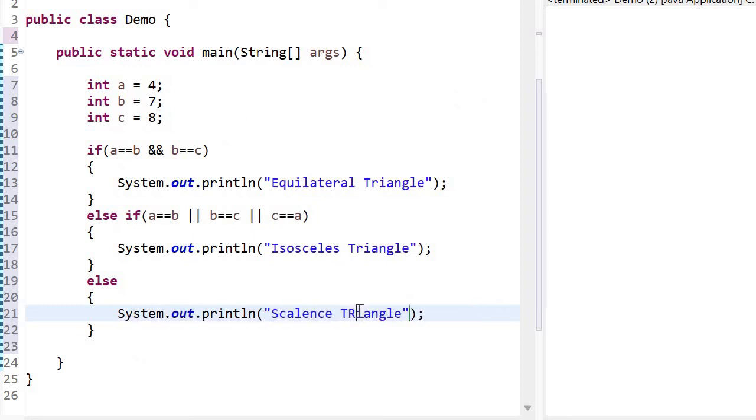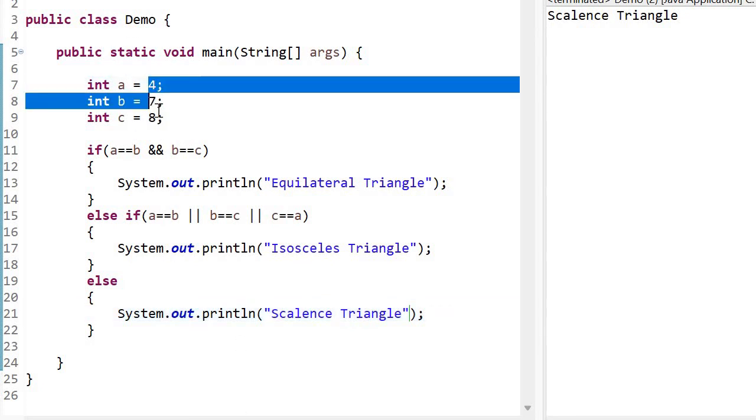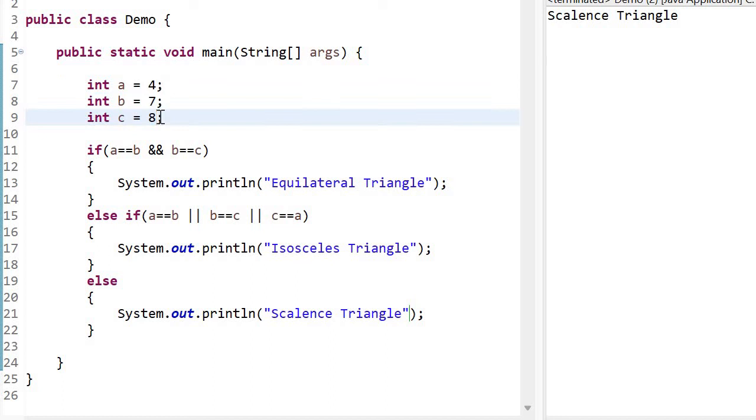If both of the conditions are not true, it means it is a scalene triangle. Let's just check it out by executing this program. So for now, none of the sides are equal, therefore it is a scalene triangle.